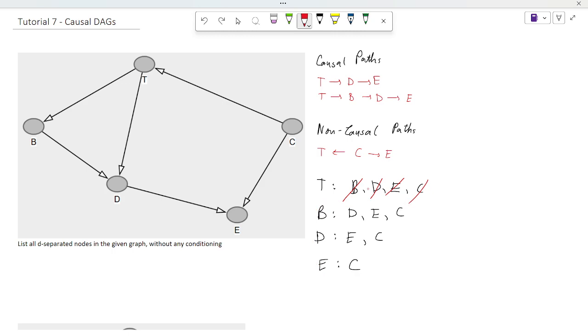So if you find even one open path, it means you don't need to check the rest of the paths. So take about 30 to 40 seconds, then let's go over these solutions. I would recommend that even if no one volunteers a solution, everyone should definitely try this out as that's going to help.